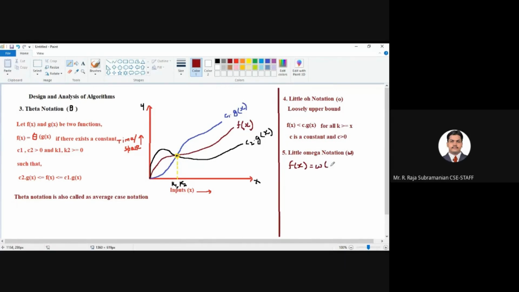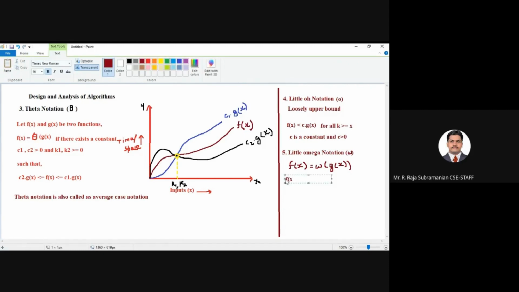So what is the condition for this to hold? f of x greater than c into g of x. Very good. And whenever you say the condition, please say it with the k and the c values also, so that you will never forget. You'll get the full 3 marks or 5 marks.